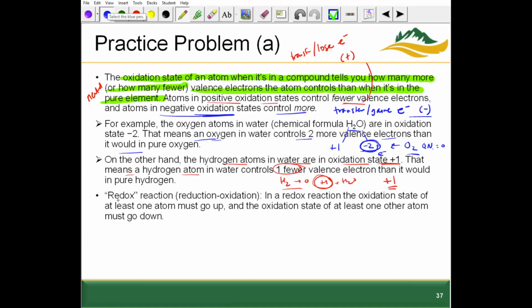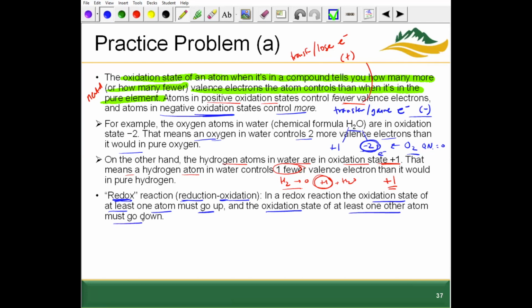We'll do a lot more on redox in the next part of chapter 4. We call them redox reactions because we have reduction and oxidation. So redox, that's where that word comes from. In a redox reaction, the oxidation state of at least one atom must go up, and the oxidation state of at least one other atom must go down.